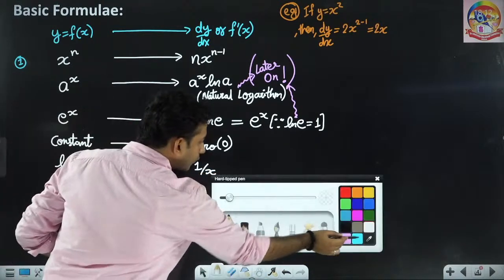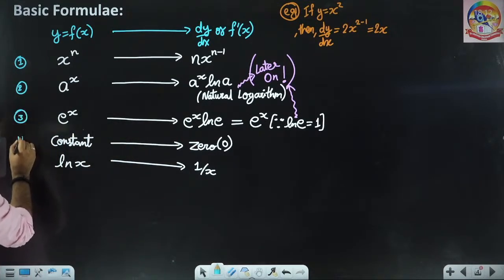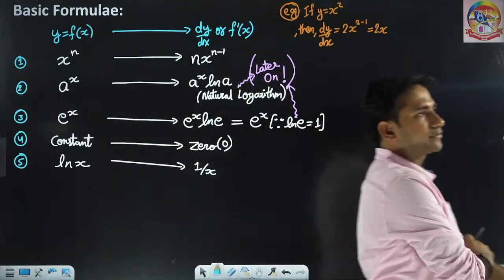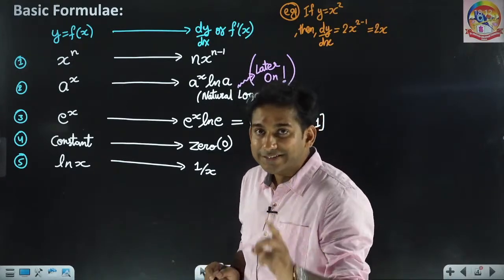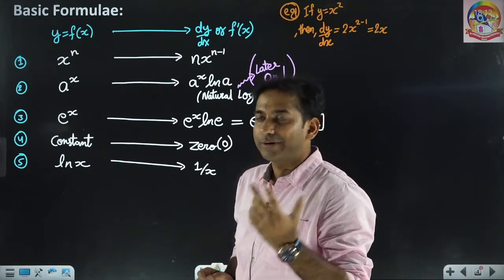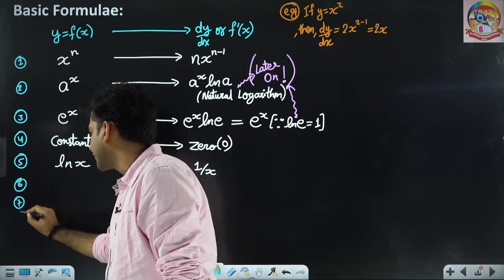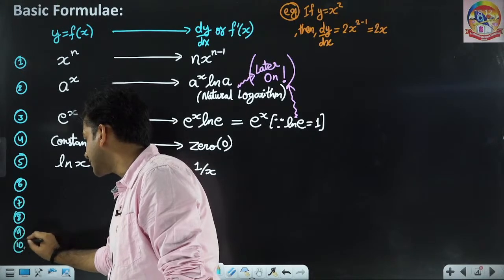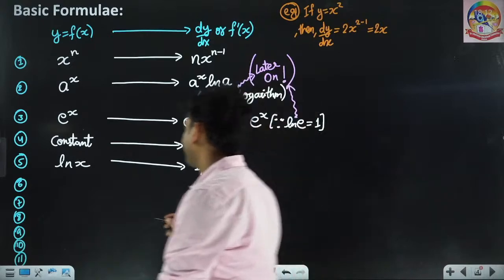So these are a few algebraic, logarithmic and exponential formulas. Apart from that, what we majorly use in physics is the differentiation of the 6 trigonometric functions, which I want you to remember: sine, cos, tan, cot, sec and cosecant.